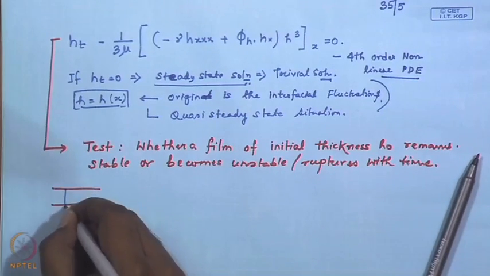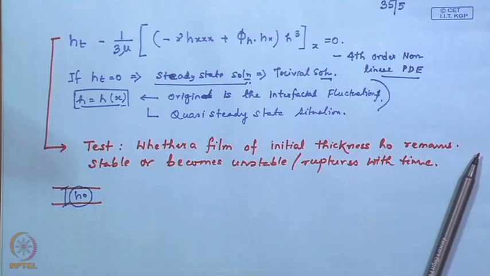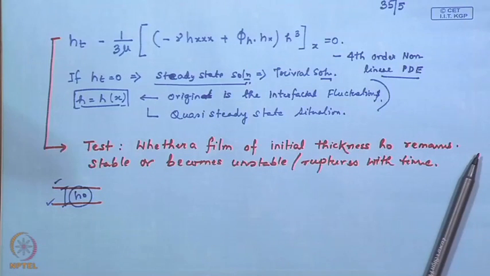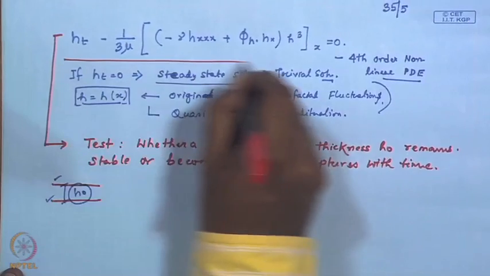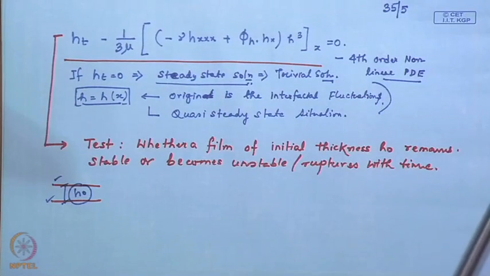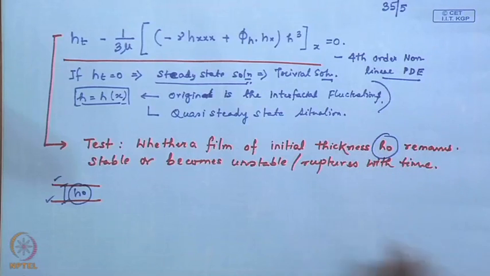you have created a film which has a thickness of H0. And qualitatively, we already know several factors, that if a film is thinner, then the possibility of instability is higher, because the two interfaces will be closer to each other, therefore the magnitude of the interfacial attraction will be stronger, etc. But here this equation gives us the opportunity to quantify that, and essentially one can use this equation to test whether a film of initial thickness H0 remains stable with time or not.